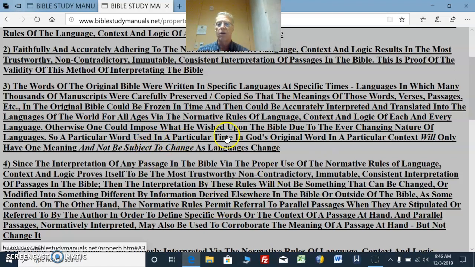So a particular word used in a particular time in God's original word in a particular context will only have one meaning and not be subject to change as languages change.